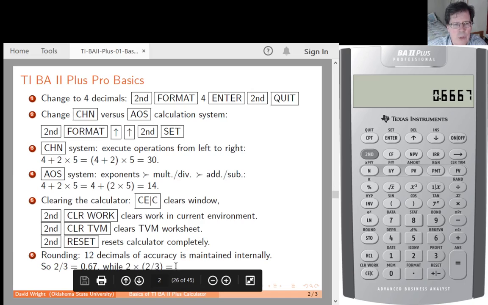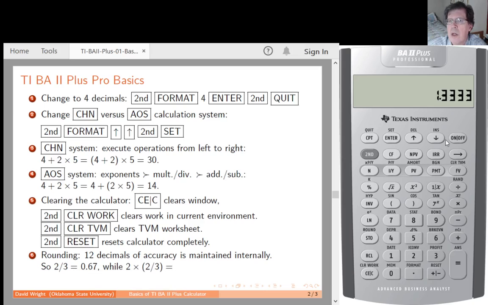If you were to double that, you'd get 2 times 2/3, which we know is going to be 4/3. But if I multiply this by 2, I'm going to get 1.33333.